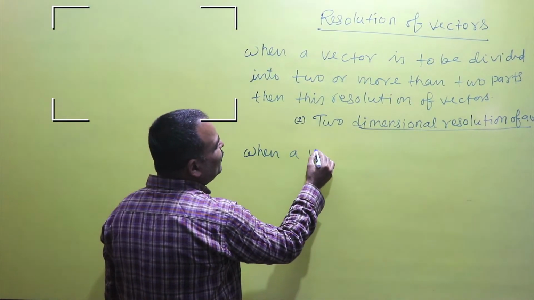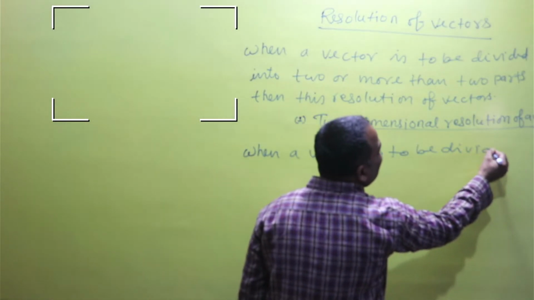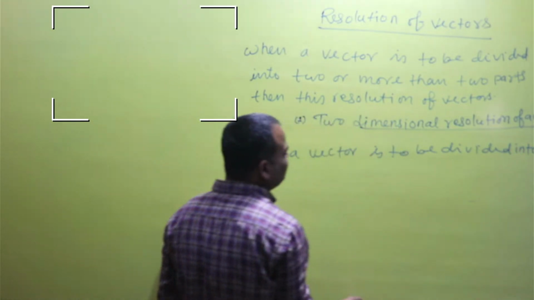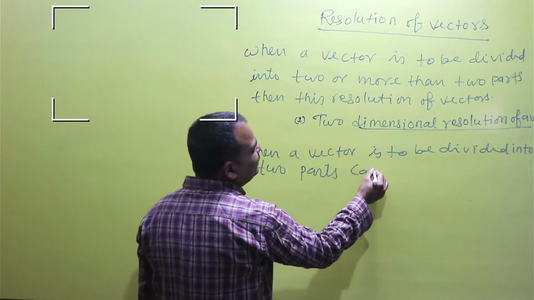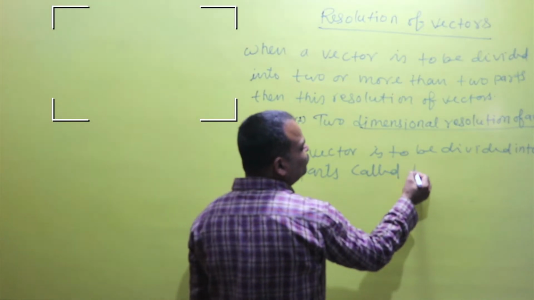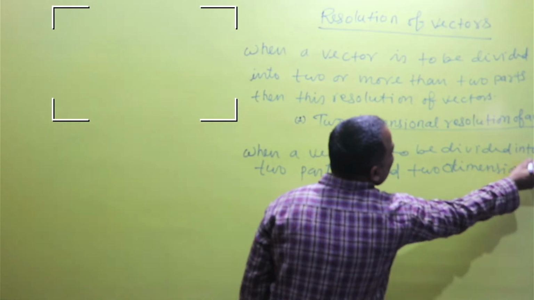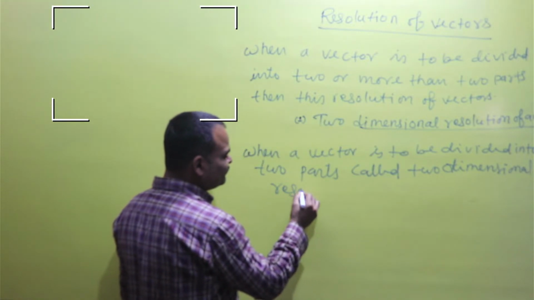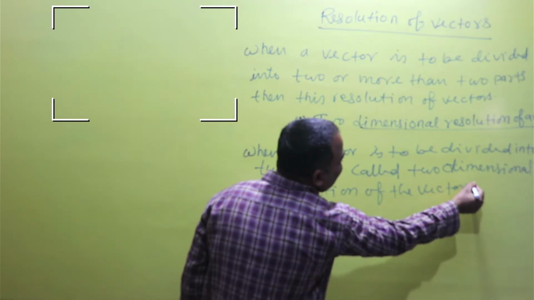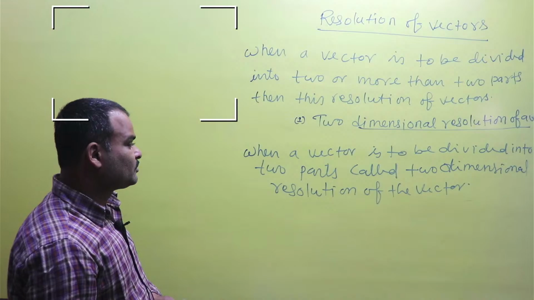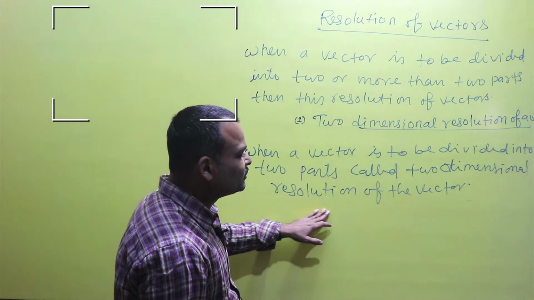Then when a vector is to be divided into two parts, then this is called two dimensional resolution of vector.